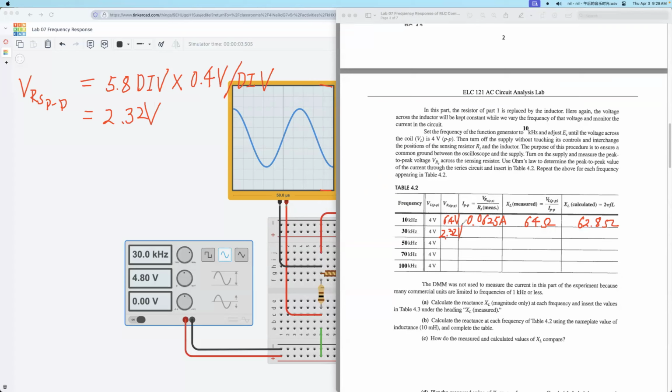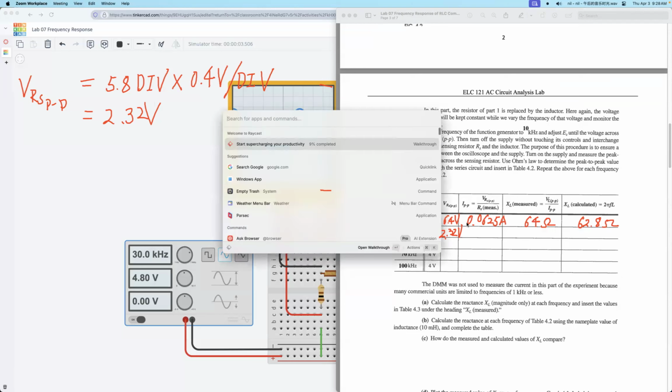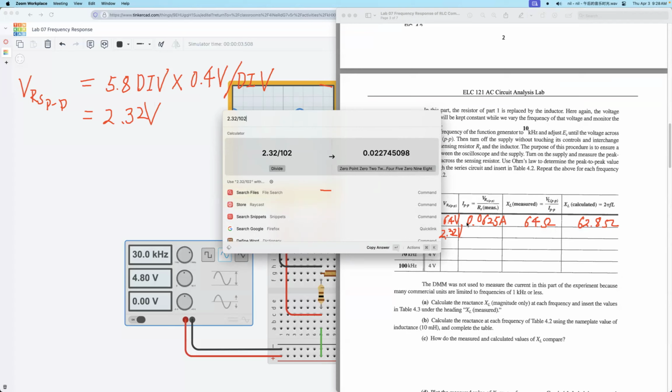2.32 volt. Okay. Then again, do division to get the current. So 2.32 divided by 100 and 2.4. So we got 0.0227, round to 3 digits, ampere.